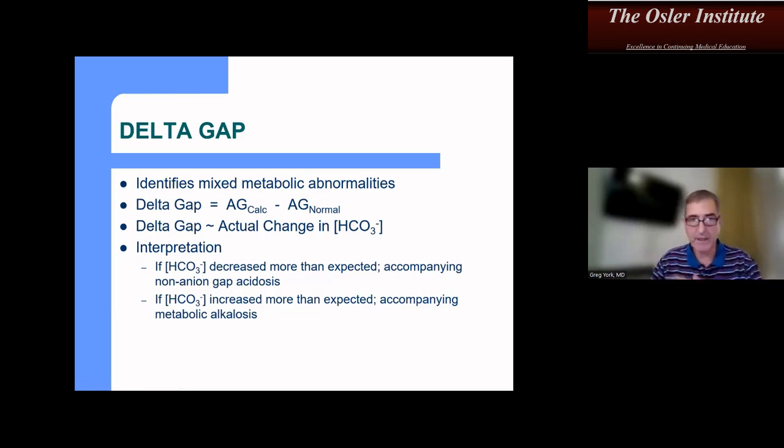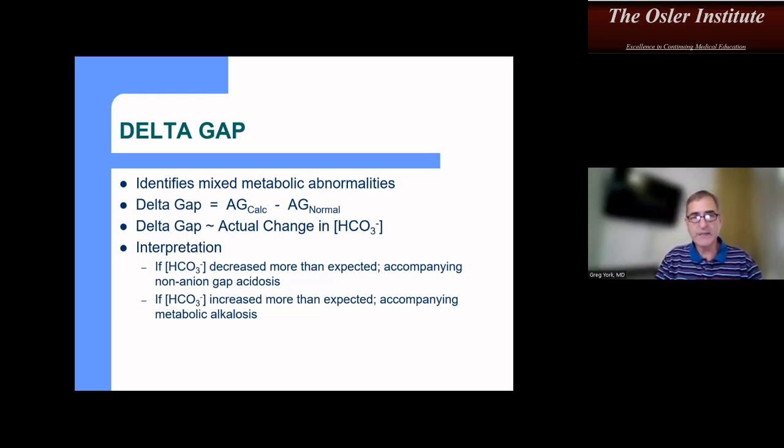Some people call it the gap, okay? And this is where it gets a little confusing, so listen closely. This will identify mixed metabolic abnormalities, i.e. anion gap acidosis plus non-anion gap acidosis, or anion gap acidosis plus metabolic alkalosis, okay?